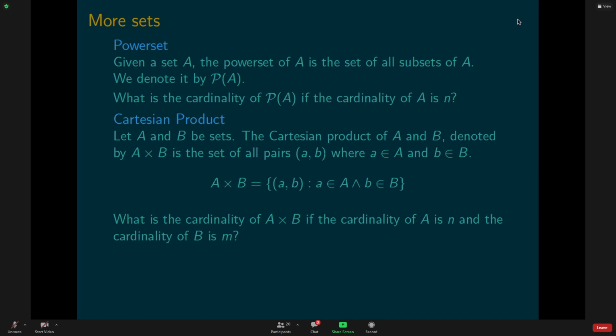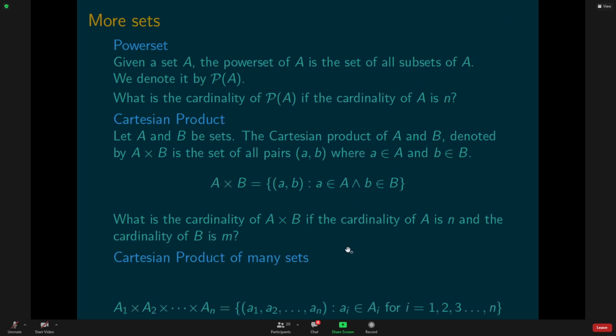Exactly. So it's n times m, right? And if we have the Cartesian product of many sets, then it's not pairs, but n-tuples, where the first element is from the first set, the second from the second, etc. Okay?